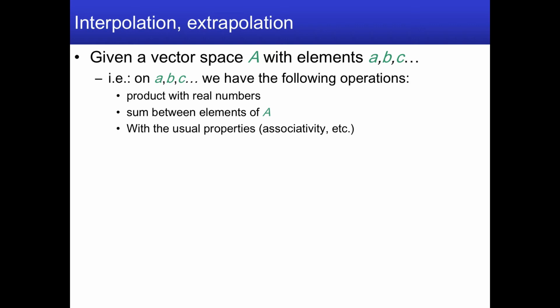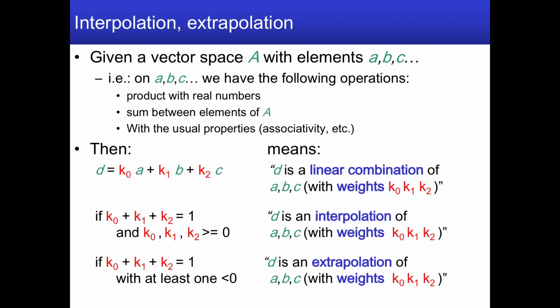What does interpolation mean, and how do we interpolate values from extremes? Here there's a bit of terminology. If you have three constant scalars and you combine them, multiplying each value and summing up, you say D is a linear combination of these points.